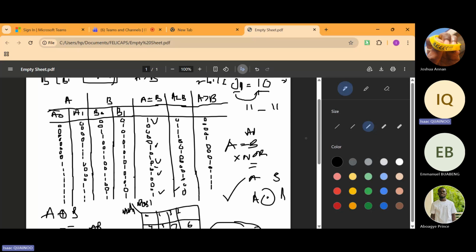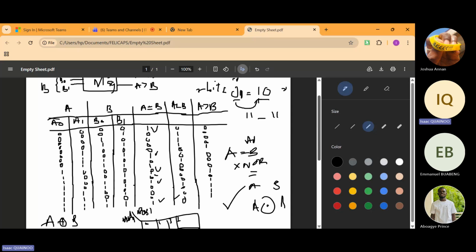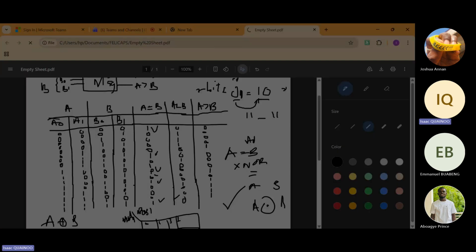It is just going to be the XNOR operation of your input variables. So this basically is how a magnitude comparator works. It takes, compares, and establishes equality depending on the number of inputs that you have.